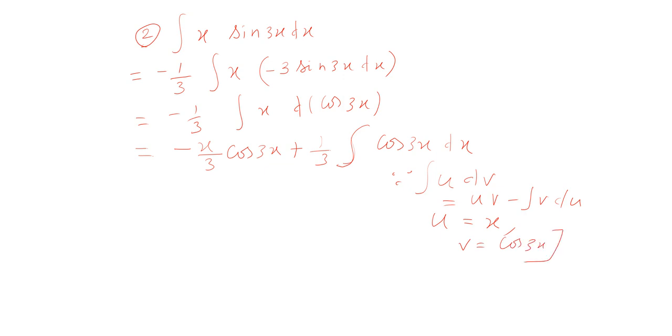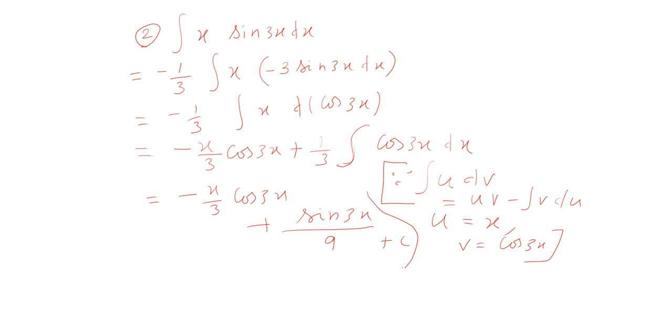Recall what is my u, what is my v here ultimately. Therefore, this gets reduced to minus x by 3 cos 3x plus sin 3x divided by 3 into 3, becomes 9, plus c, the constant of integration I used to add normally.